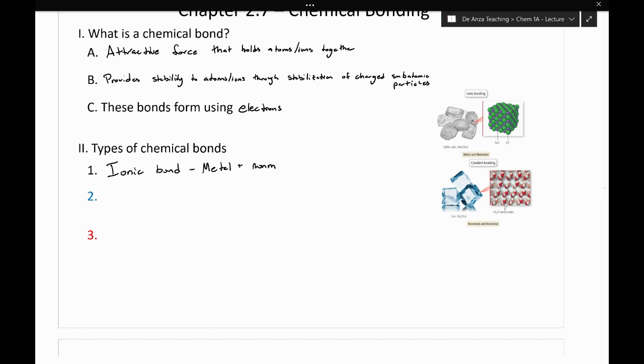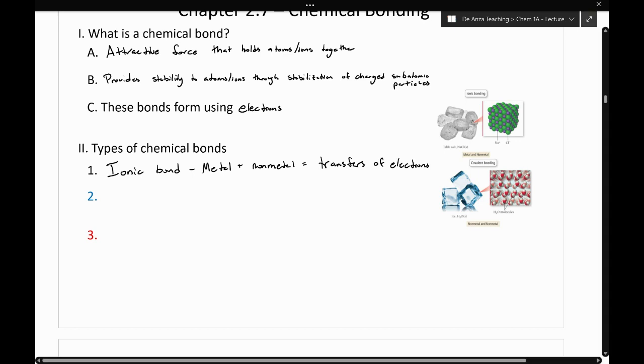This is largely what our ionic bonds are going to look like. They're going to be characterized by a transfer of electrons. So to form that chemical bond, we're going to transfer electrons. And that transfer of electrons is going to lead to an attractive force between the formed ions that's going to provide stability through stabilization of that essential charge.